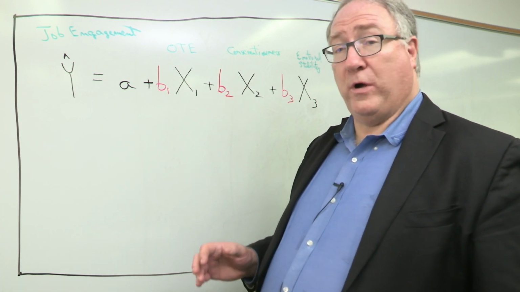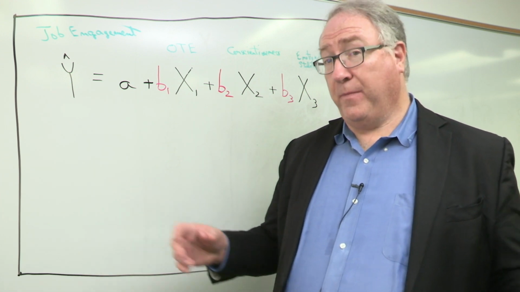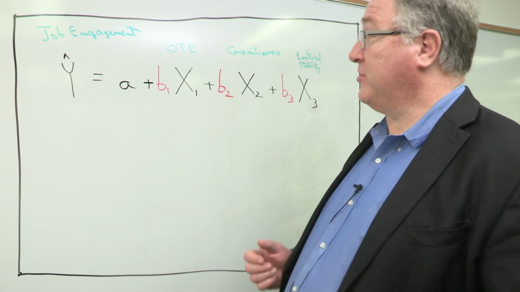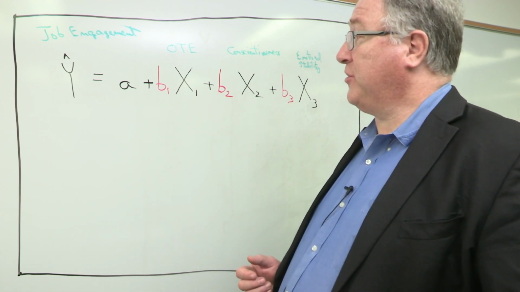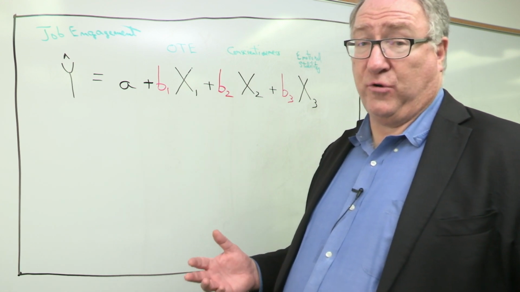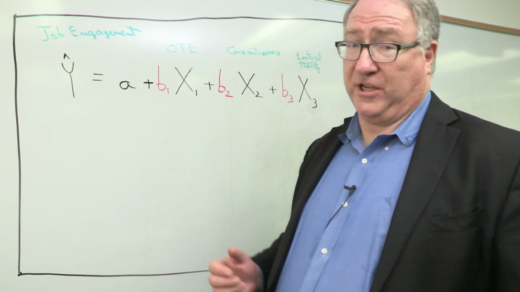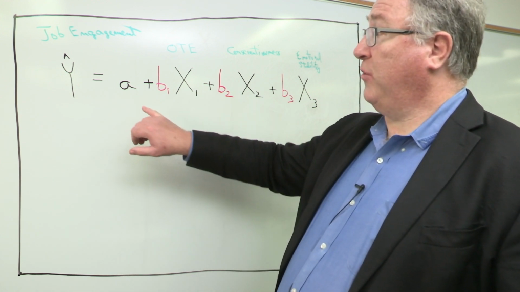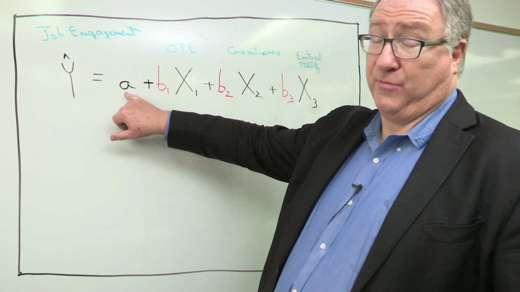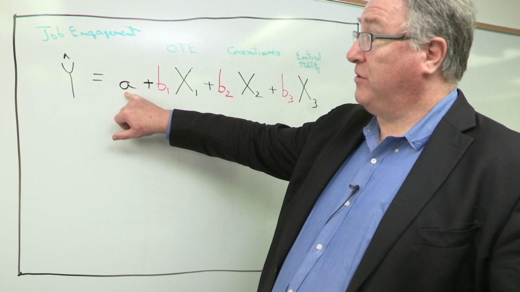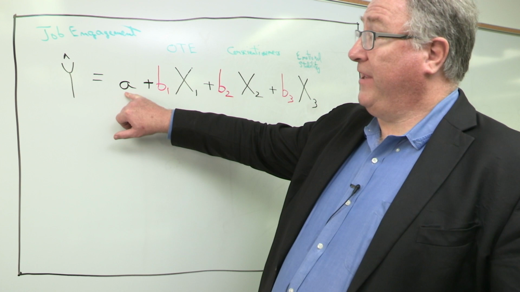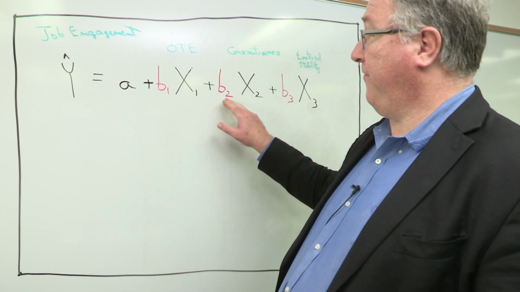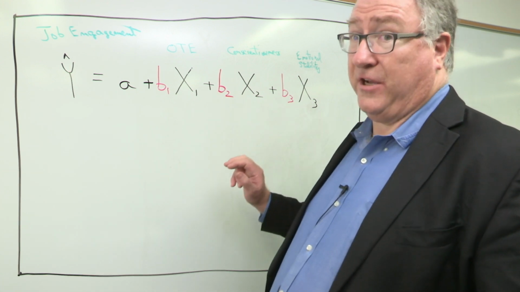And this is just a tip for you. If you're ever wondering, during a presentation when someone has the regression equation up on the board, whether the regression coefficients are unstandardized or standardized, you can tell just by looking at whether the constant is present in the regression model. If the constant is present, then the regression coefficients are unstandardized.